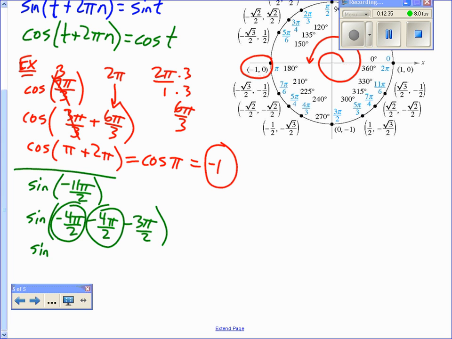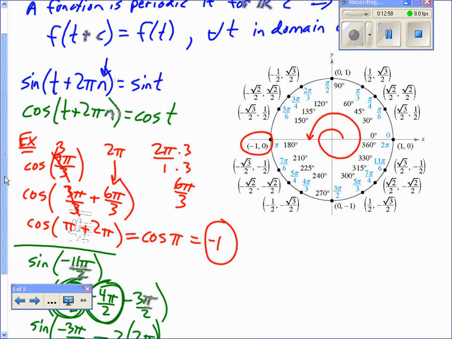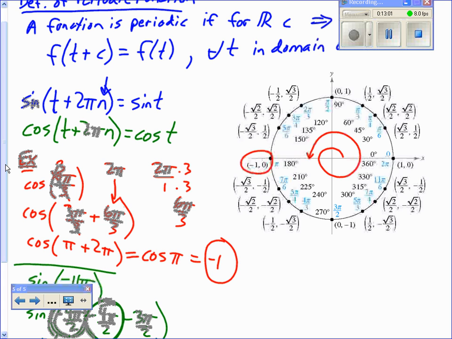So this is the same as the sine of negative 3 pi halves, minus the two negative 2 pi's, negative 8 pi halves or negative 4 pi. If you look at this, it looks like I'm rotating negative 3 pi halves and 2 pi halves more. 3 pi halves is 270 degrees, so we're rotating negative 270 degrees.